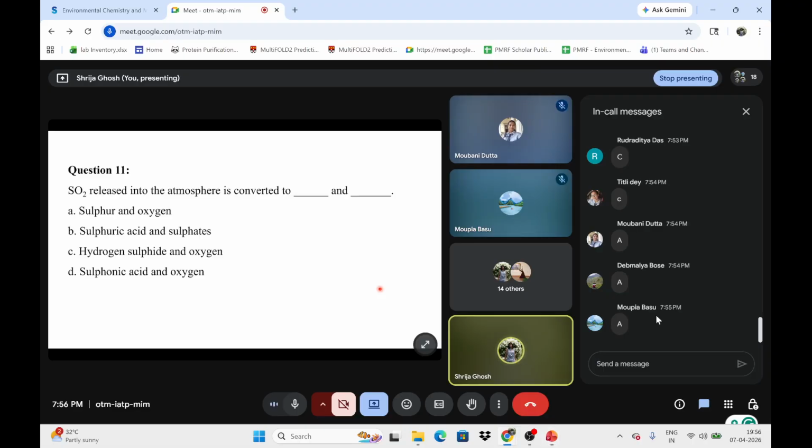What would be the answer? All of you write the answers in the chat box. SO2 released in the atmosphere is converted into dash and dash. It is converted into two compounds.